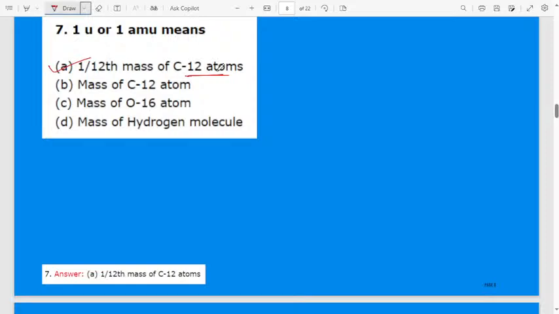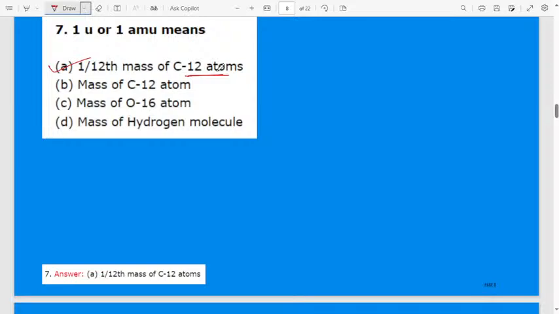Here carbon 12 we consider as an isotope. Isotopes I will explain in detail later. Then 1 U or 1 AMU, always when we are comparing the mass of any molecule or compound, we compare that mass with 1 by 12th the mass of carbon 12 atom.